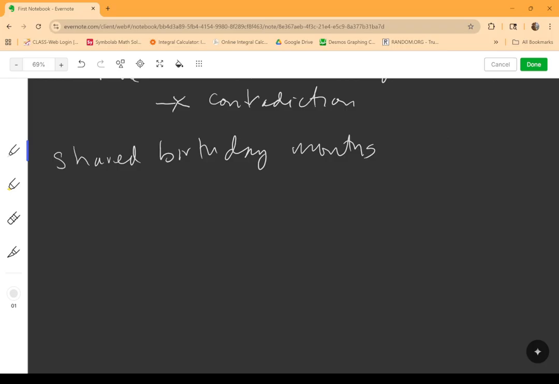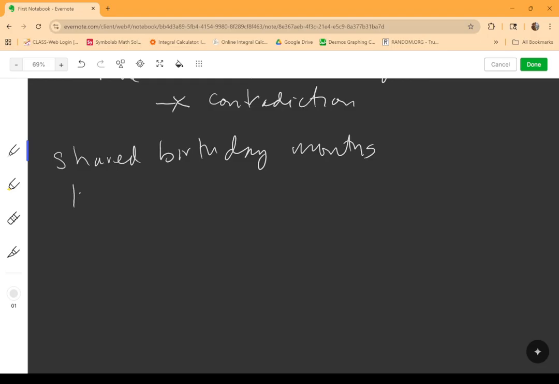The first two people, they might share the same birthday month, but that's not guaranteed. We could have three people. Again, two of them might share a birthday month, but that is not going to be guaranteed. So I want to make sure that I have the right amount of people to guarantee that a pair share a birthday month.